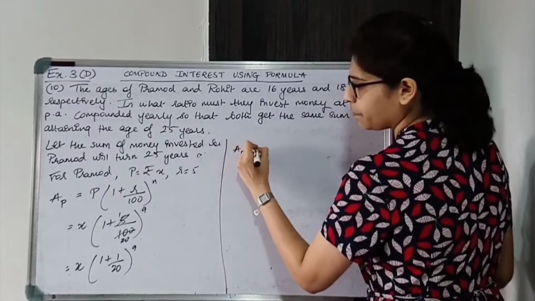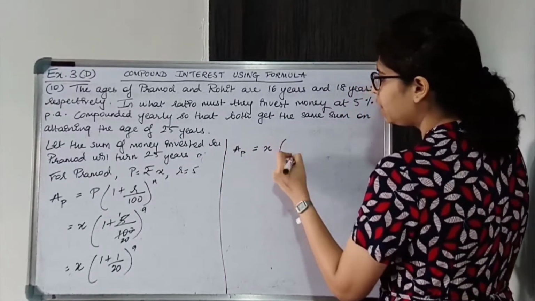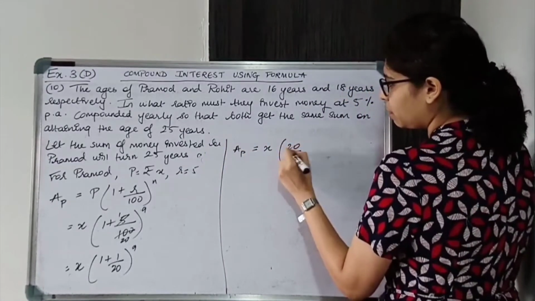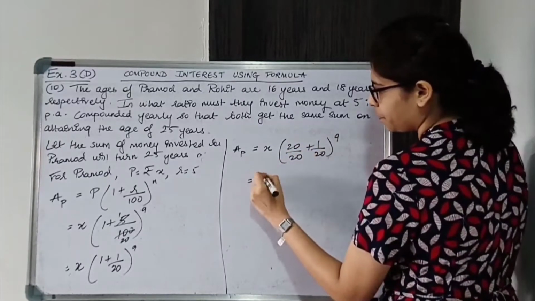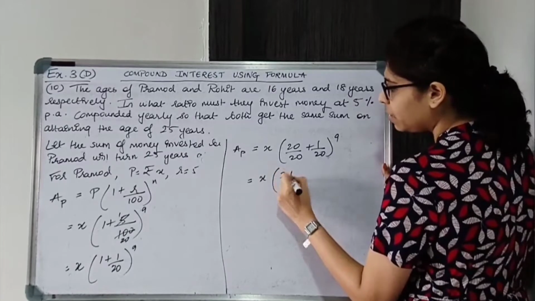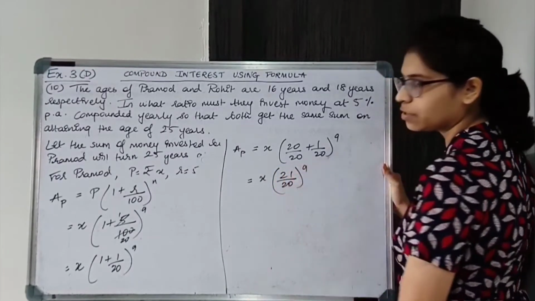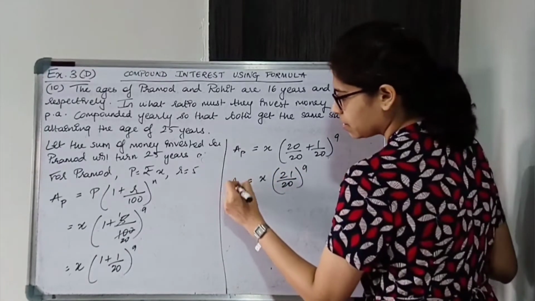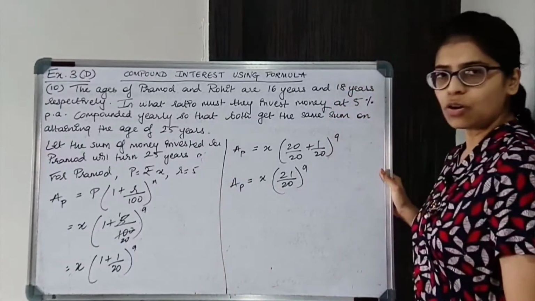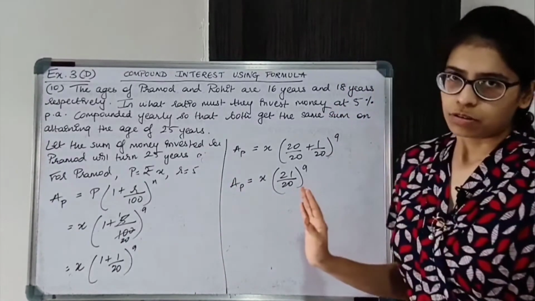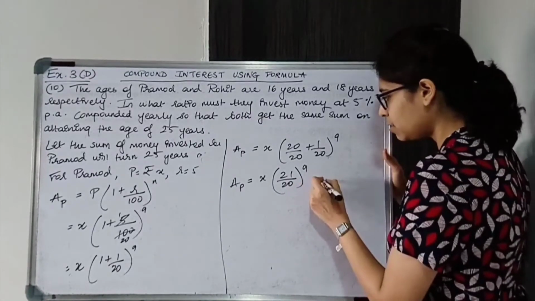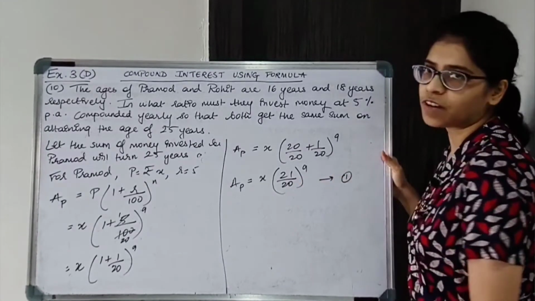So AP is equal to X into 20 upon 20 plus 1 upon 20 raised to 9, so X into 21 upon 20 raised to 9. This is the amount received by Pramod. Just mark this as 1.